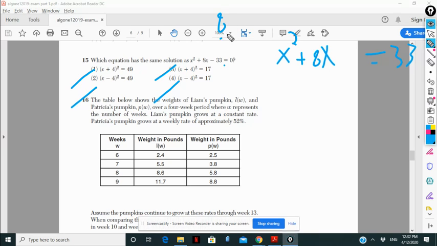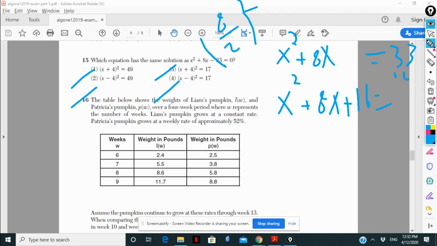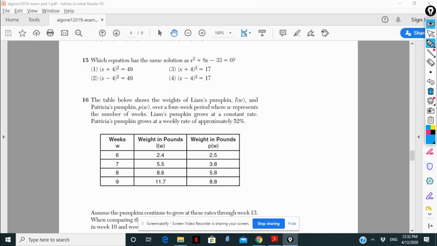I divided 8 by 2 and squared it, so I have to add 16. Plus 16 is 49. Now that's x plus 4 squared equal to 49. So it's number 1. How did I know that? Because it's written in the completing the square form.